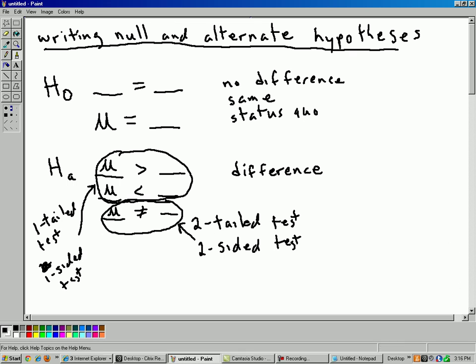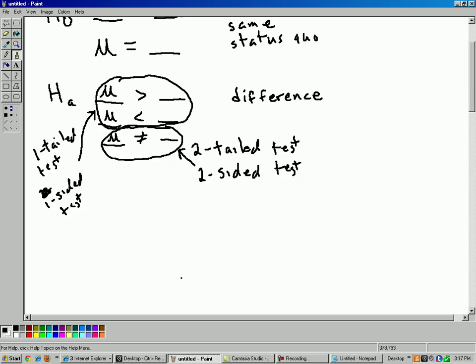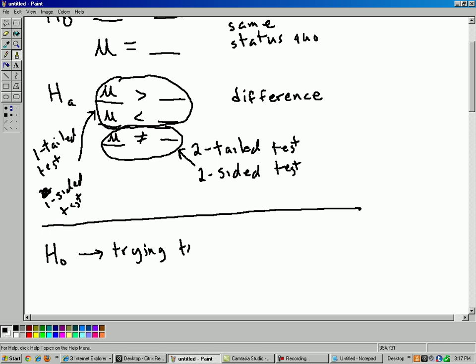Now, this is step one in the hypothesis testing, is to write your hypotheses. And once you get your hypotheses, it's important to keep in mind what we're doing with these hypotheses. So with the null hypothesis, this is what you're trying to disprove. You're looking for evidence to try to disprove the null. Now, technically, you're not disproving it because you never know for sure.